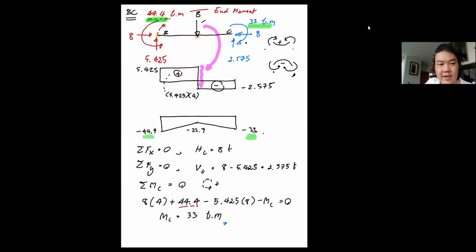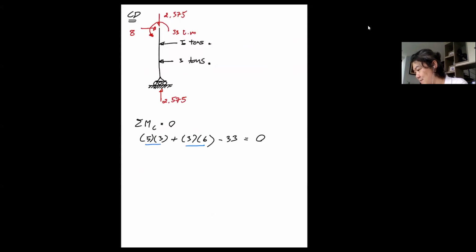It has to be related always. You have this free body diagram, so you must have this bending moment diagram. And the shear force diagram must also lead to the proper value in the end. Always. Okay? So that's the end of member BC. We can move on to the last one.